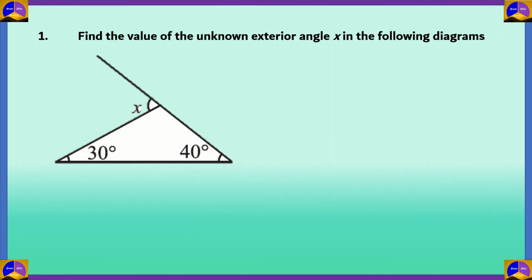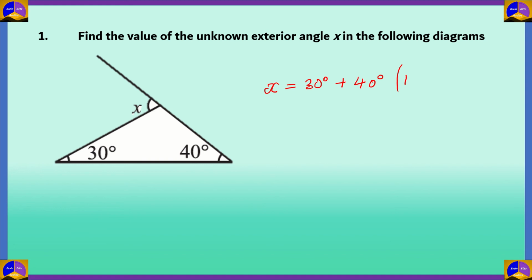Next question. Now for this diagram, we have x as the exterior angle and 30 degrees and 40 degrees as the interior opposite angles. So we apply the same formula. x is equal to 30 degrees plus 40 degrees.